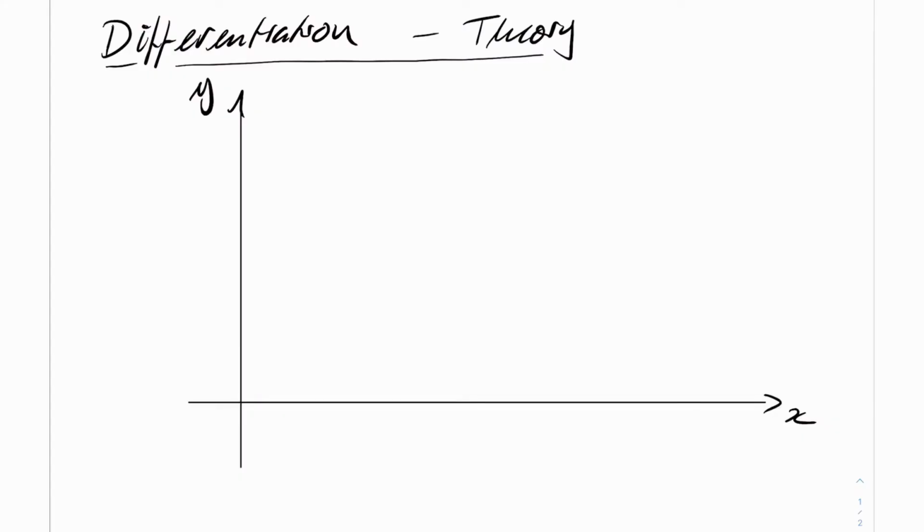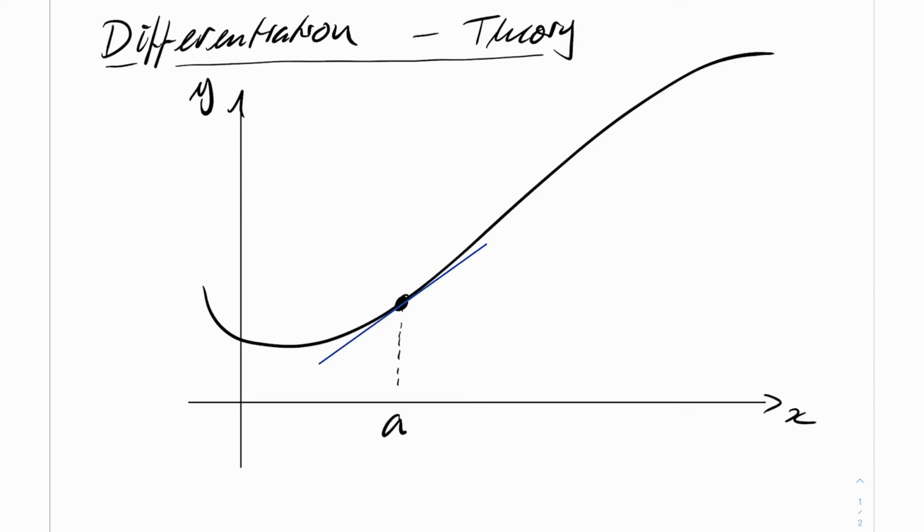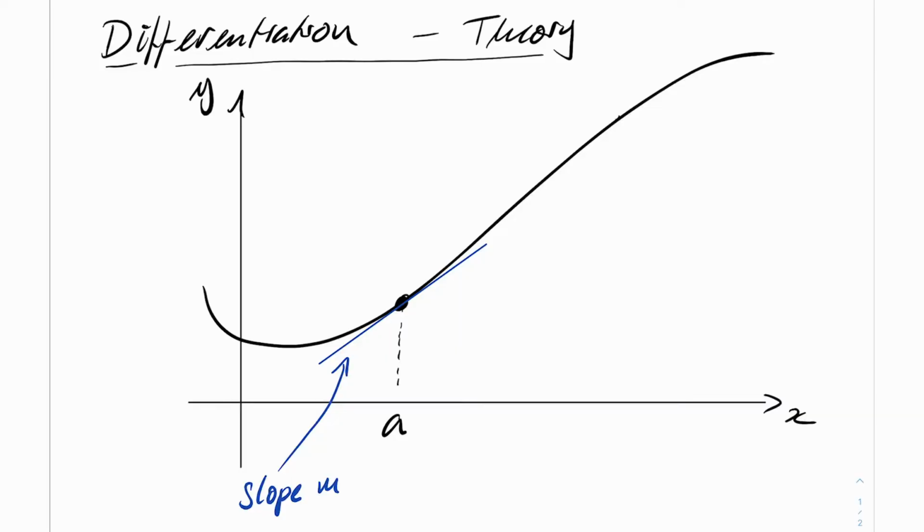So how do we go about calculating what that might be? Well, let's just review the basic concept of the picture. So let's take a curve and let's try and find the gradient of the curve at this point here. Now at this point, the function has a slope which is the same as this line. And let's say the slope of this line is m. Now what we want to do is take a point nearby this point, x equals a, and slowly move towards it. So let's take another point.